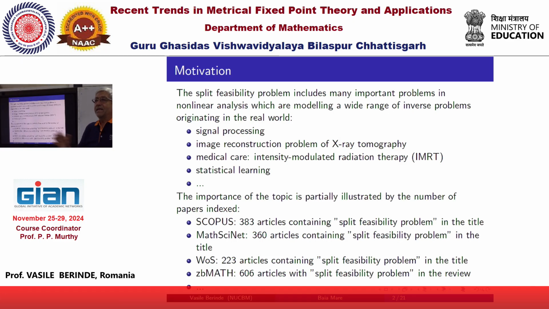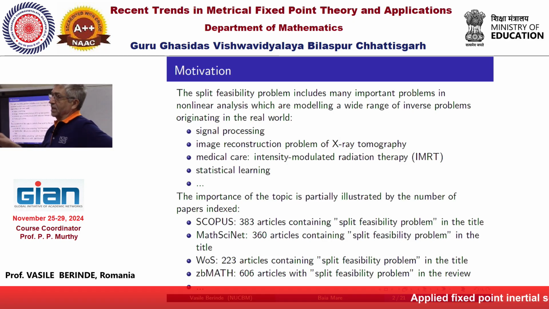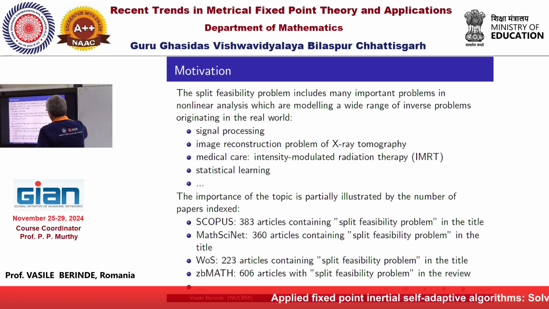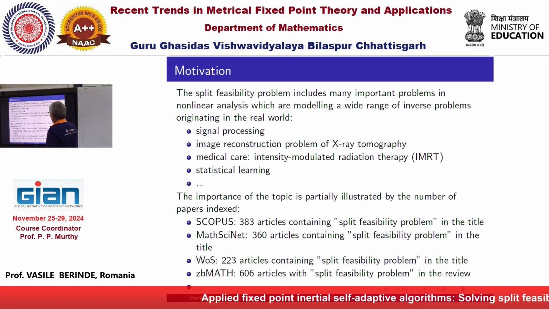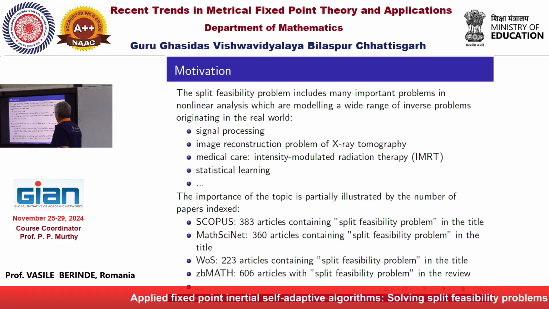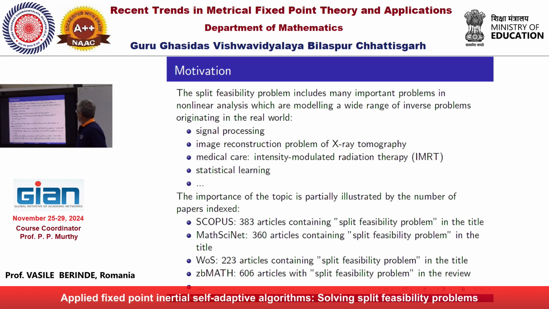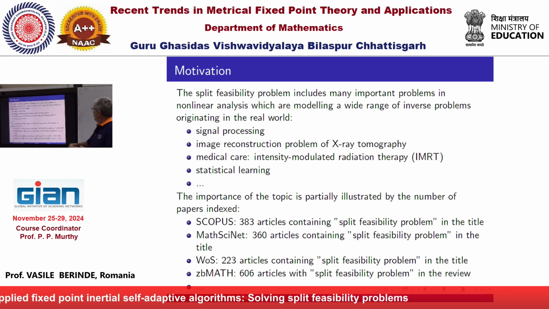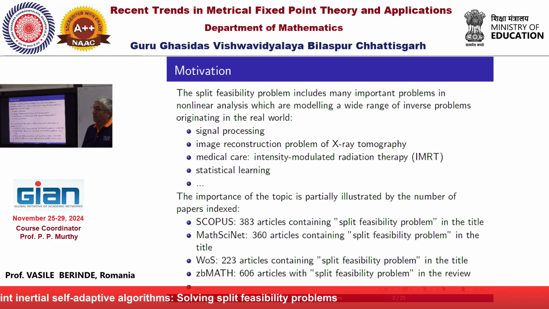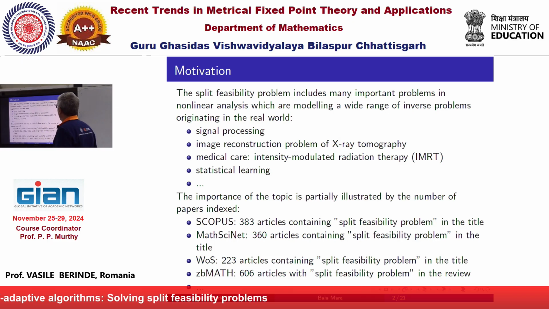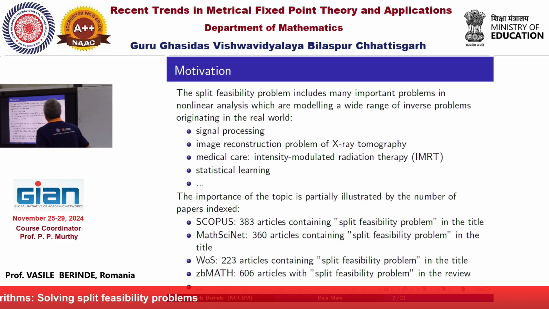Not all papers dealing with a topic include it in the title, but if you search in Scopus for papers containing split feasibility problem in the topic, we would have 3 times more papers. But I selected just this one. In MathSciNet is this number of papers.